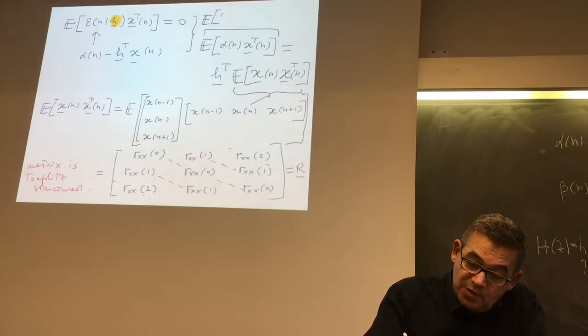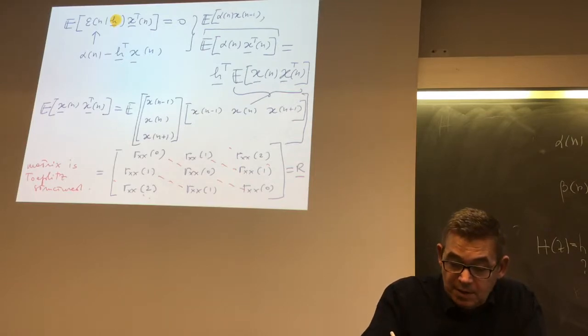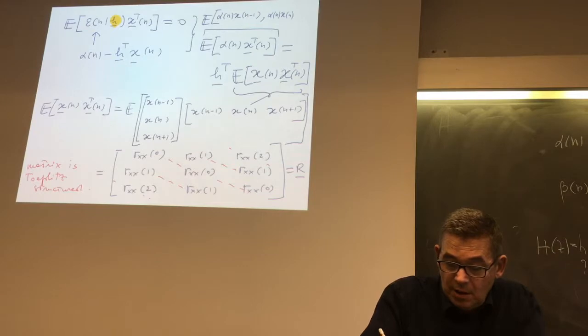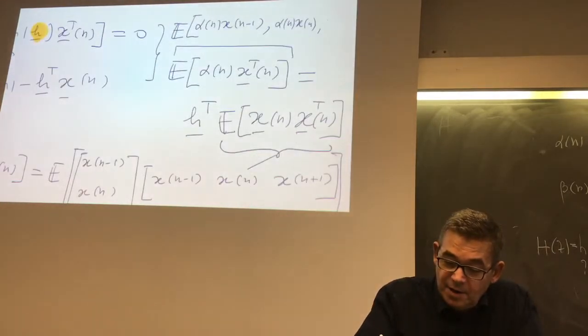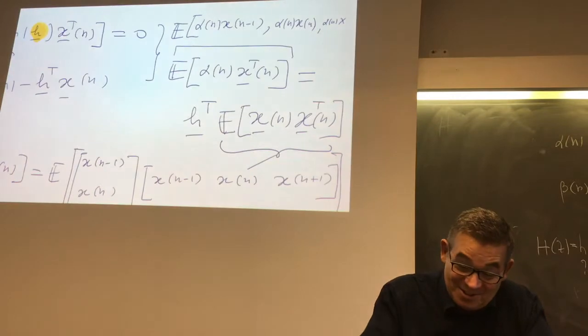That is expectation of alpha and x n minus 1. Then it is alpha and x n. And then it is alpha and x n plus 1. I'm shrinking, okay? It's not nice.